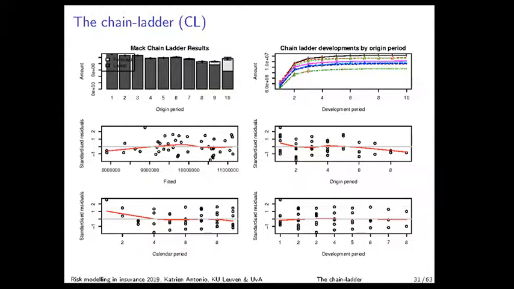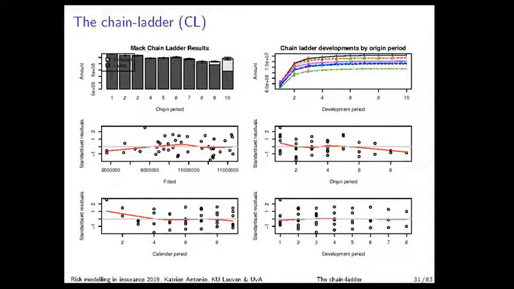Now the display that you see here shows you some standard output that is produced by R's chainladder package. On the top row, you see on the left-hand side the cumulative amounts paid so far, visualized here with black bars. And then you see the chain ladder estimate of the ultimate amount, where gray bars indicate what comes on top of what has been observed so far.